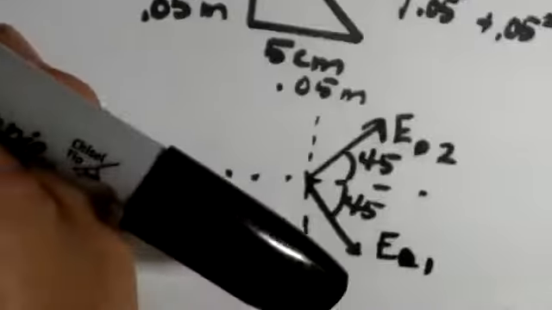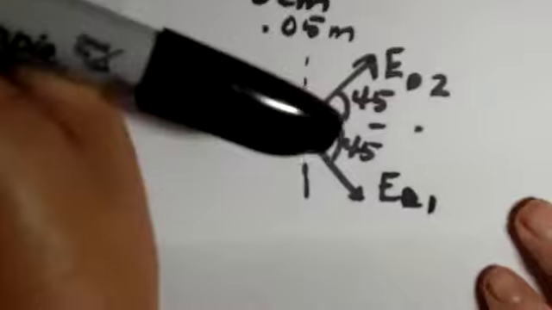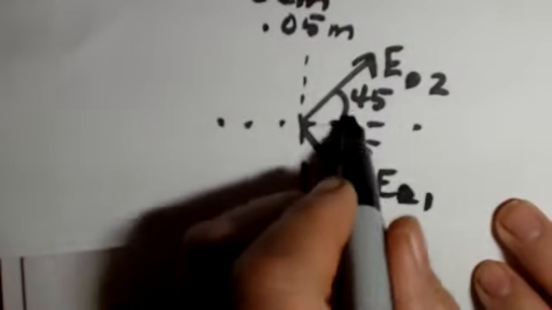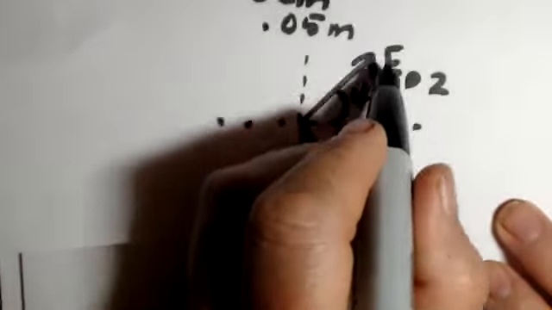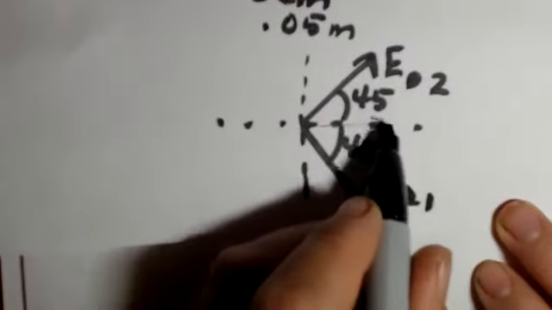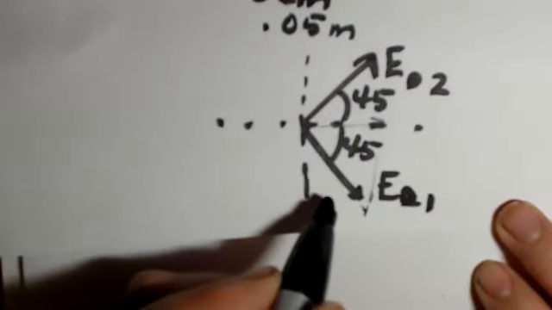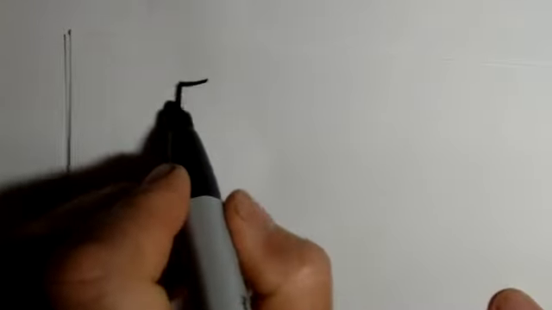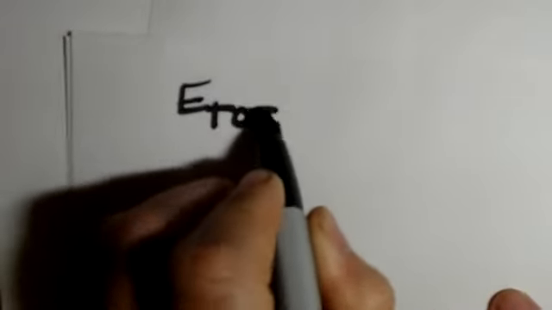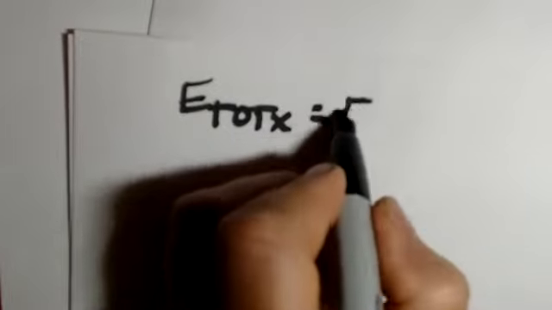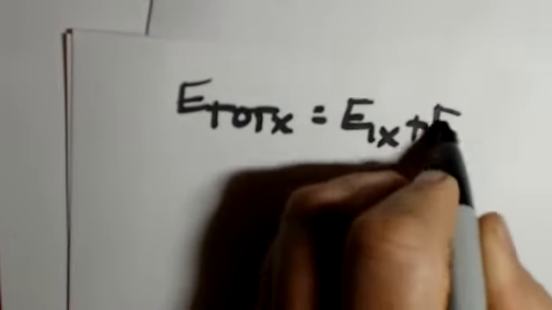Okay, so this is 29 continued. So I've got my 2 points. So I'm going to remember my picture here. I'm going to look at it and then say, okay, I've got an E2X and an E2Y that points up like that, and an E1X and an E1Y that points down like that. So I'm going to remember what my components look like. I'm going to do the same thing as I just did on the previous problem, except with electric field. So E total X is equal to E1X plus E2X.